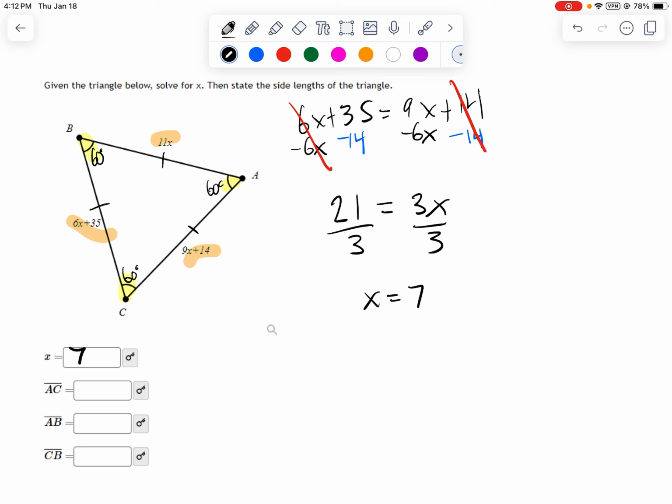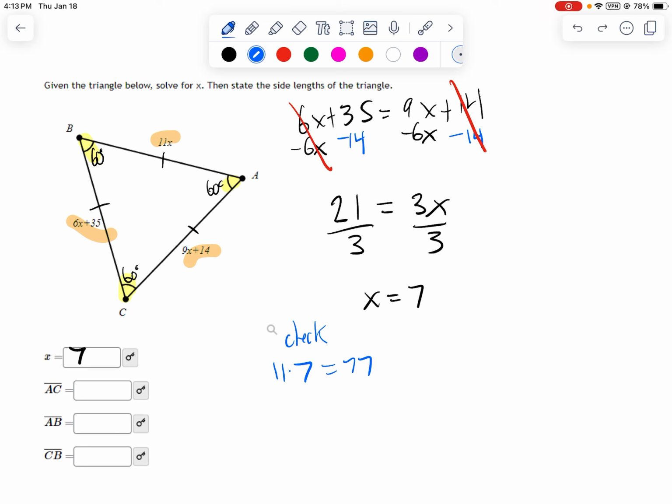Done. Solved. Now you need to double check your answers, which actually works in your favor because you want to make sure that your solution's valid. So you would just check and plug it into each one. So we have 11 times 7, which equals 77. That's a positive number. It'll work out.